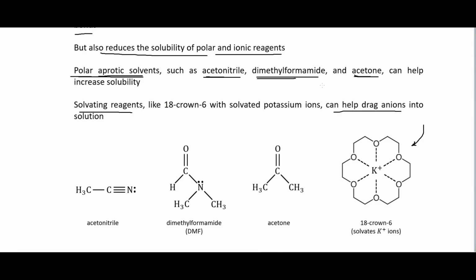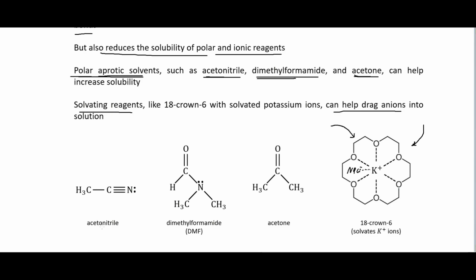Our nucleophile, which is going to be negatively charged, is going to be able to complex with this potassium here. And then the 18 crown 6 itself is actually fairly non-polar, and so that can help pull these nucleophiles into these less polar solvents.